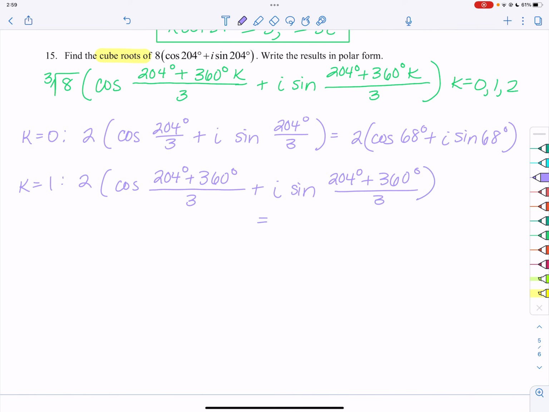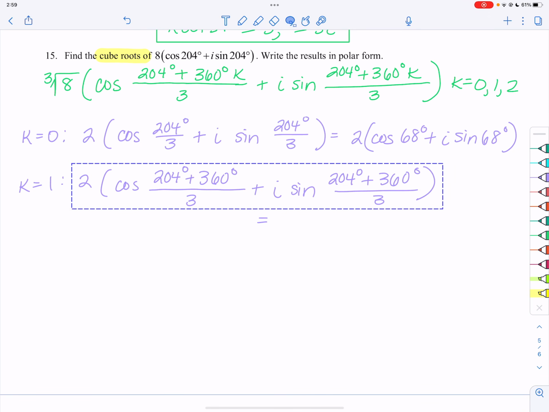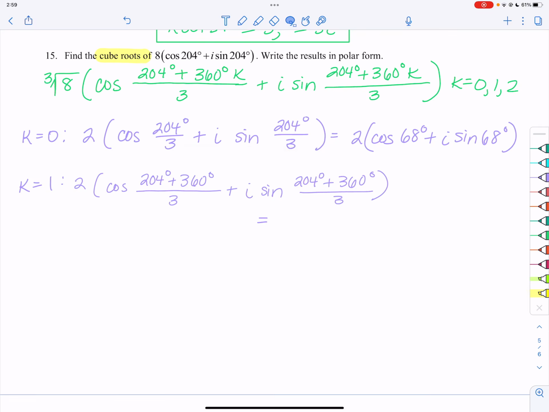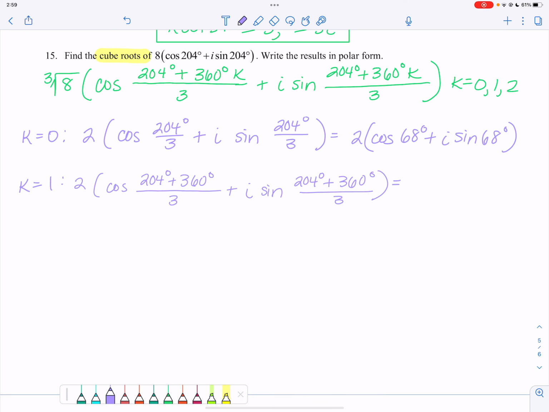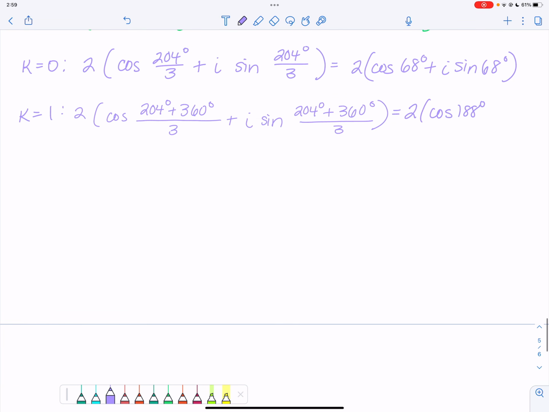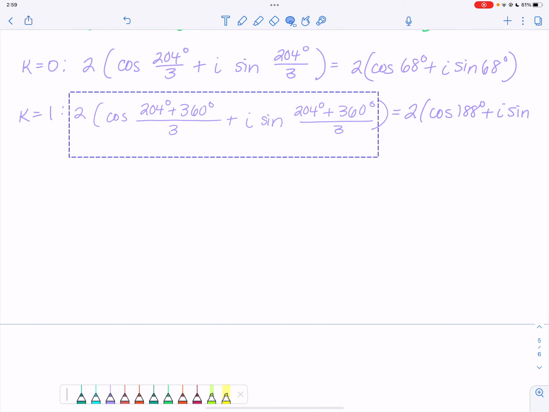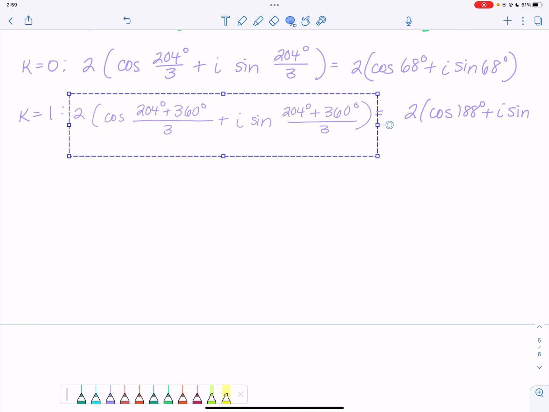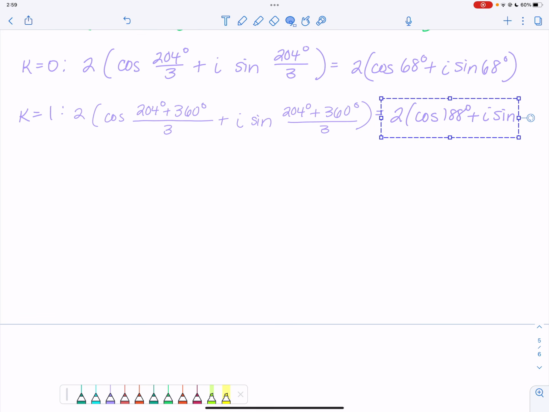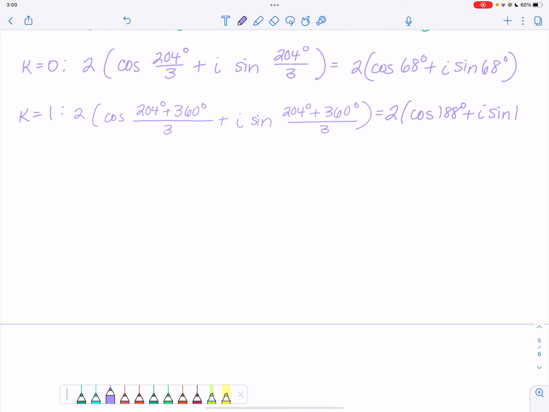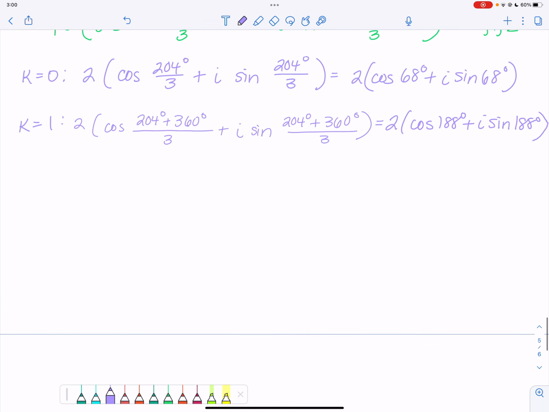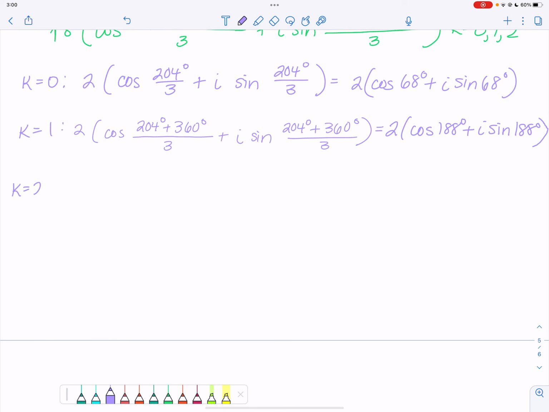And that's equal to, maybe I could make that a little bit smaller so that we could fit that in. Why I write so big. And that's equal to 2 cosine of 188 degrees plus I sine of 188 degrees. Okay, and k equal to 2.